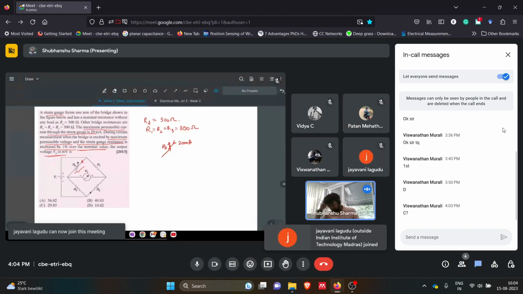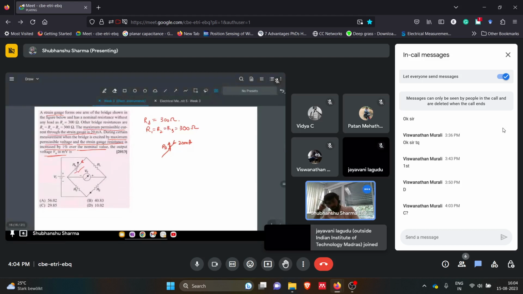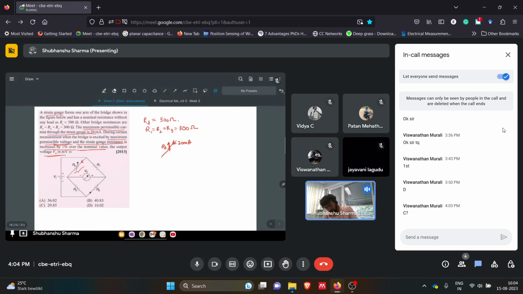So they have given the maximum permissible voltage, so indirectly they are saying that the maximum current is passing through this strain gauge. Now what is the condition of our circuit? We have this Rs prime, which is basically 300 plus the 1% change they have added over the nominal value of 300.